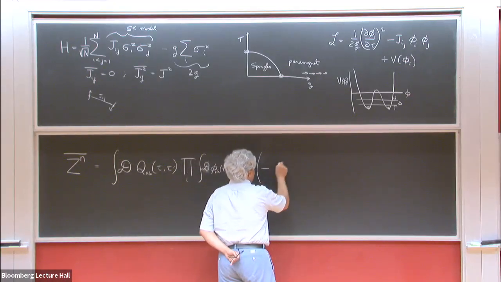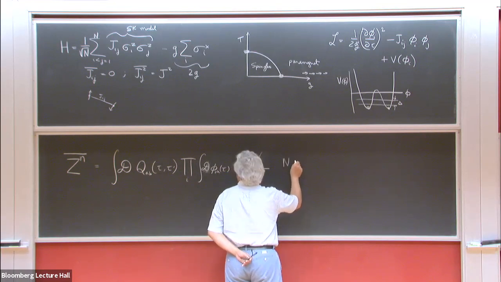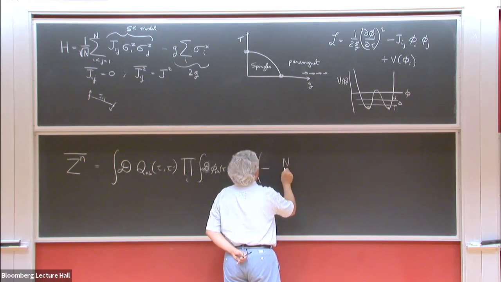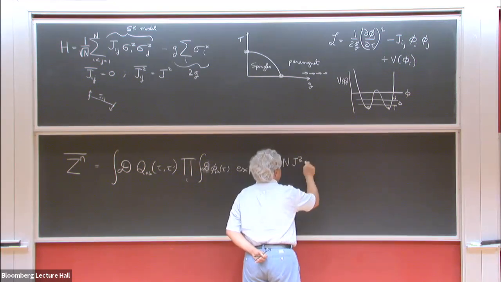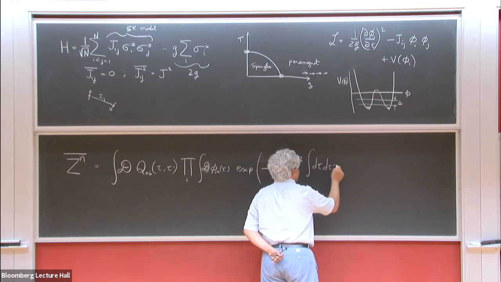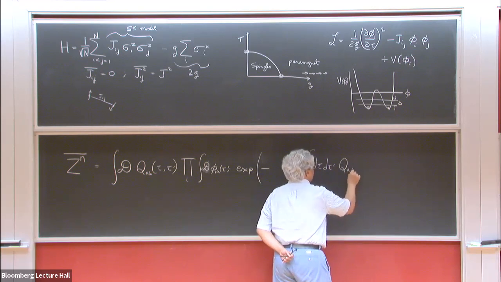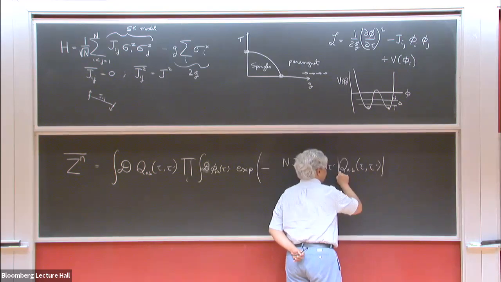And there'll be a term like, again, factors of 2 and so on, I'm not going to get right here. It'll be something like n J squared times the integral d tau prime of Q_AB of tau prime squared.